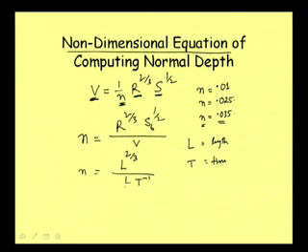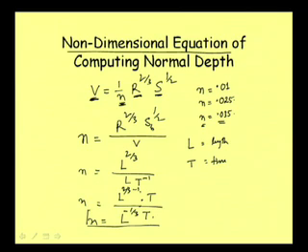So the dimension will be L to the power 2 by 3 minus 1, and then T. So this is equal to L to the power minus 1 by 3 and T. This will be the dimension of n.